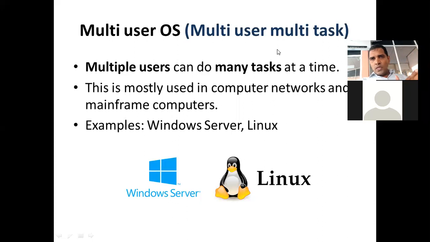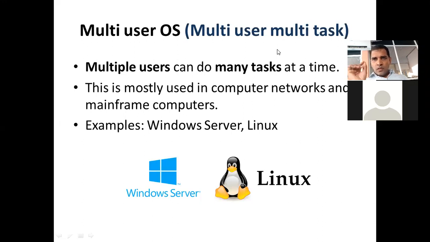So many people simultaneously work in a single computer, and yes, they can do many tasks, right? So this may be an important thing that is possible. At the same time, this kind of an operating system is possible in mainframe computers. That is also in unit number 2.